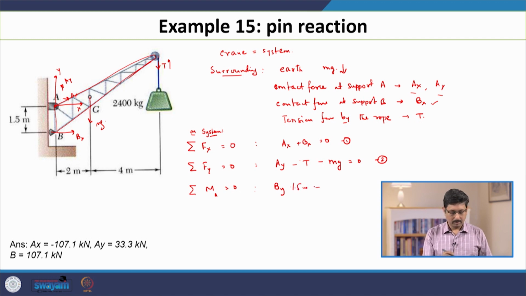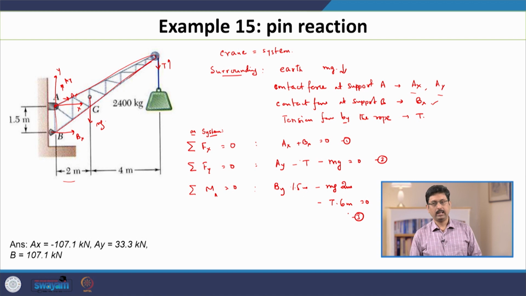Then the torque by mg is in the opposite direction, and this distance is 2 meter. The torque by the tension T is also going inside the screen, and this distance is 4 plus 2, 6 meters. So, that is our third equation.